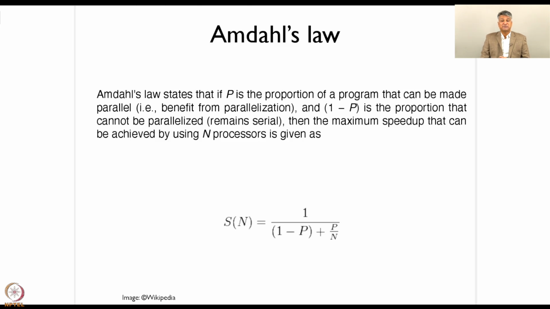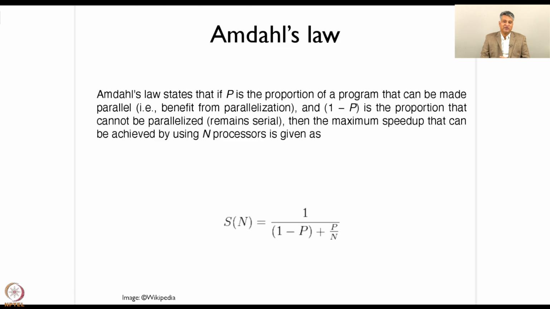The maximum speedup that can be achieved if you have n processors, in the bag of integers example, n processors were the 100 human beings that we used, is given by this formula: speedup, which is a function of n, S(n) = 1 / ((1 − P) + P/n), where P is the proportion of the program that can be parallelized.